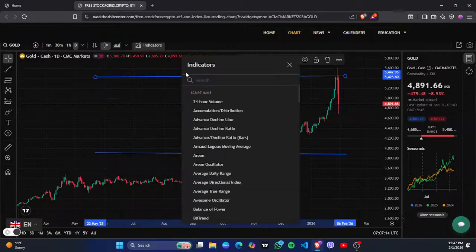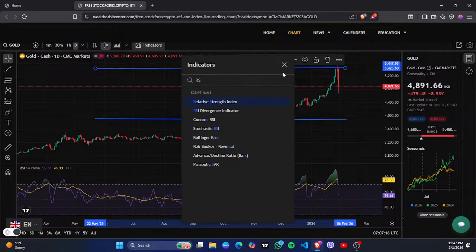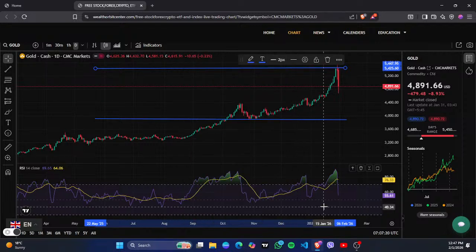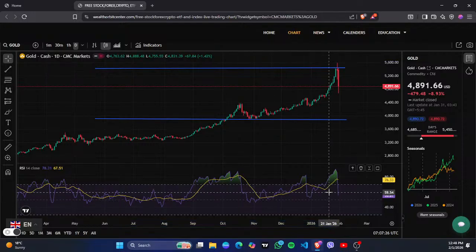When you use the RSI indicator, I think RSI has fallen very sharply here. Now RSI is around 55.